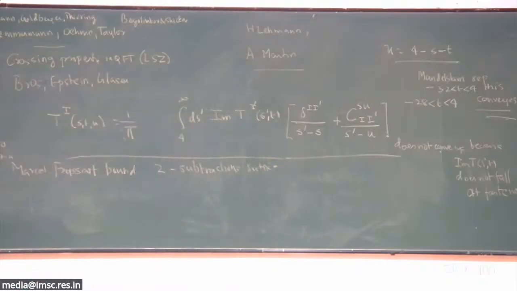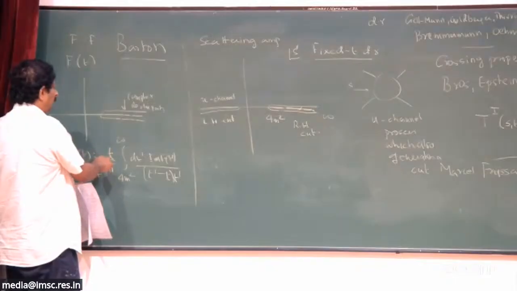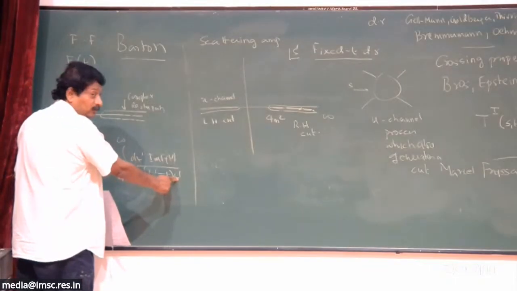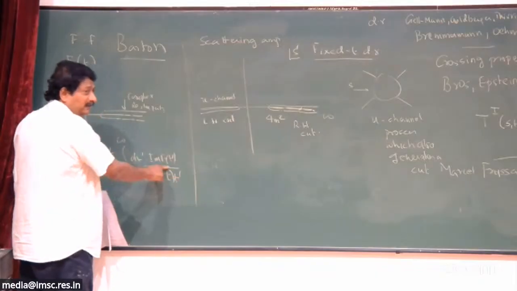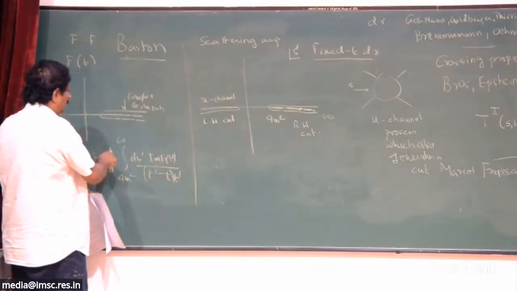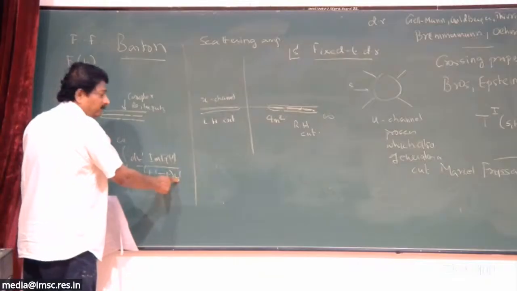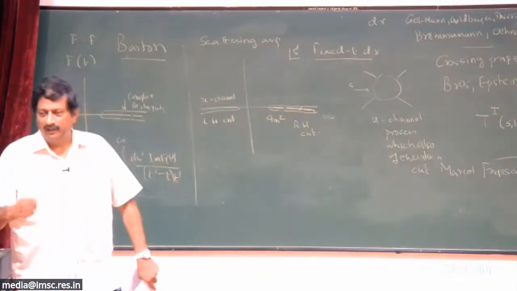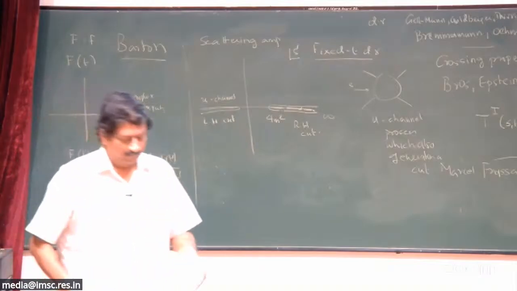See here, I introduced a subtraction over here. And the price for the subtraction was that I got a factor of t over here, and I got a factor of t prime sitting over here. Okay. So if I subtracted this one more time, I would get a t squared over here and a t prime squared inside the integral. Okay. So this is how you make integrals converge, by subtracting them.